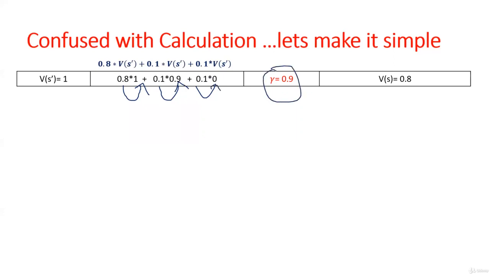The gamma we have kept at 0.9 itself. So we get the answer like this: 0.8 multiplied by 1 plus 0.1 multiplied by 0.9, addition of these two multiplied by gamma, gives this value.